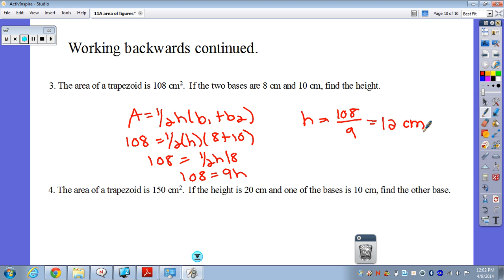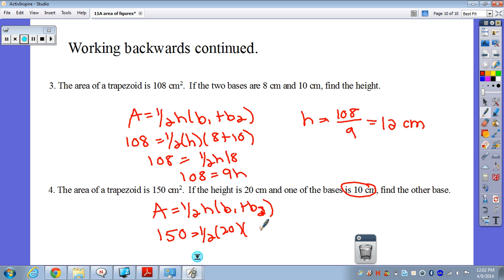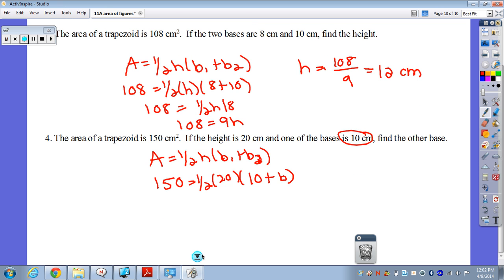And then the last one, again, area of a trapezoid is 150. So I'm going to write the area formula for a trapezoid. The height is 20. One of the bases is 10. Find the other base. So I have 150, 1/2. I'm going to plug in my height, which is 20. One of my bases is 10, and then I'm just going to call the other base b.